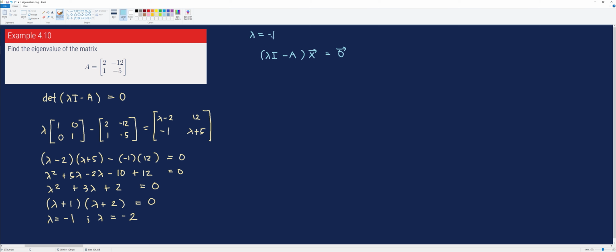Since our lambda is equal to -1, we will replace that value, that is -1 times the identity matrix minus matrix A, then the vector x and 0 vector. Next, we perform the operation inside the parentheses, that is -1 times the identity matrix minus matrix A, that is 2, -12, 1, and -5.